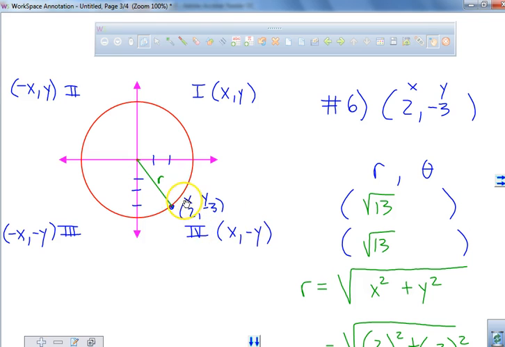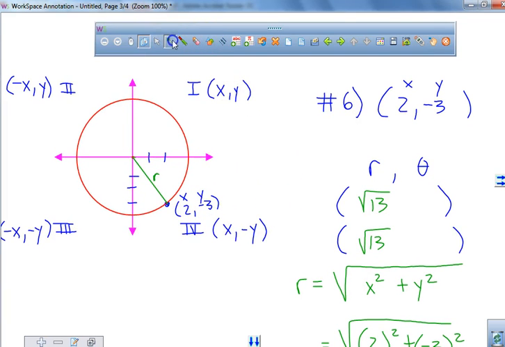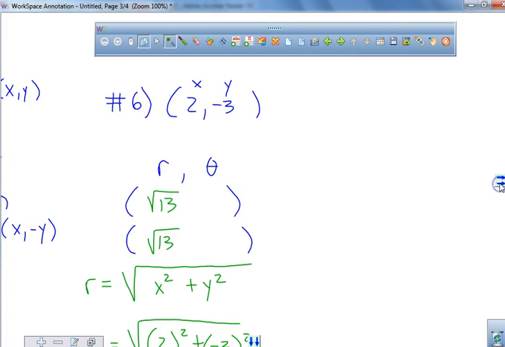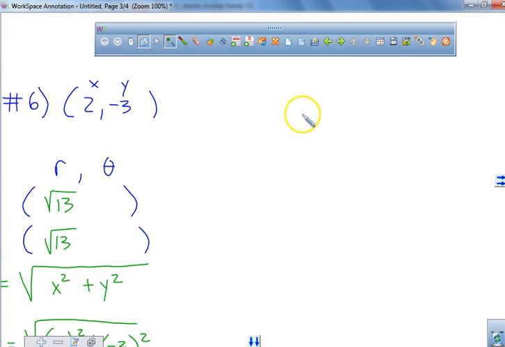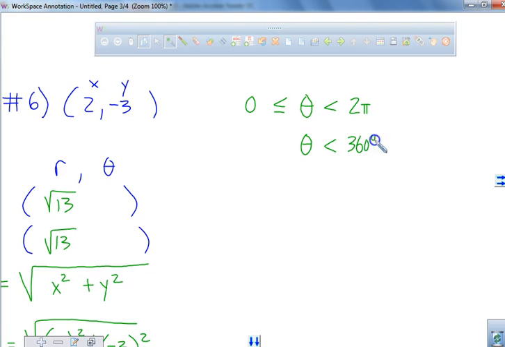Before you work this out, understand that your final answer for theta is going to be less than 2 pi but greater than or equal to 0, which means less than 360 degrees and greater than or equal to 0 degrees.